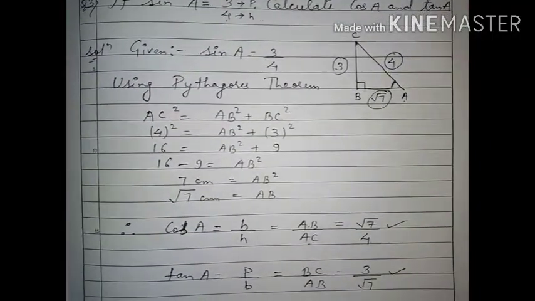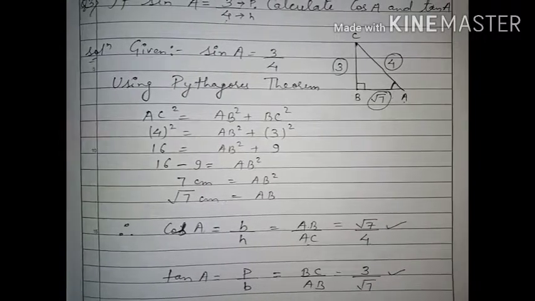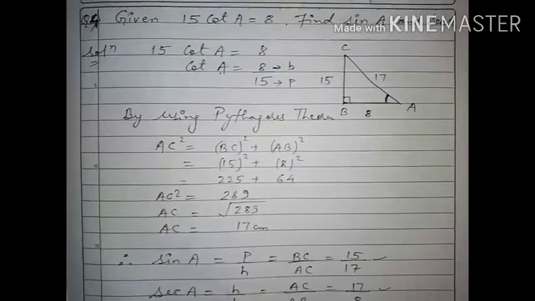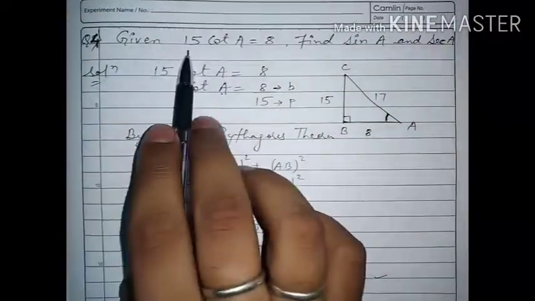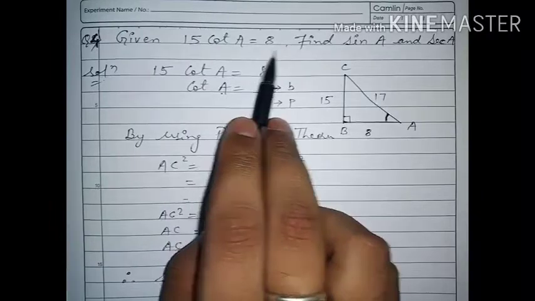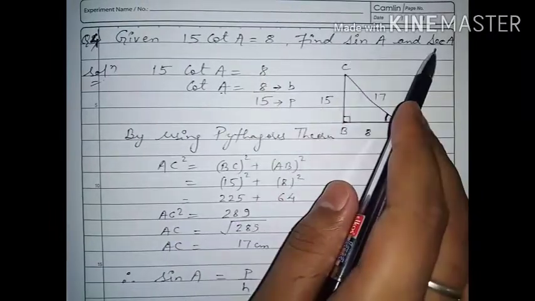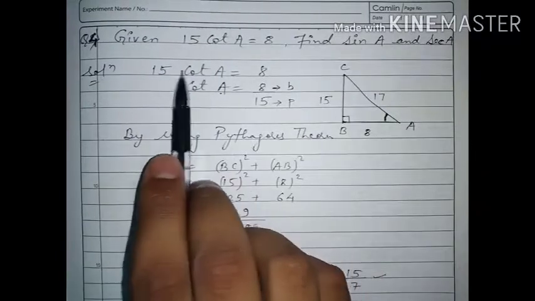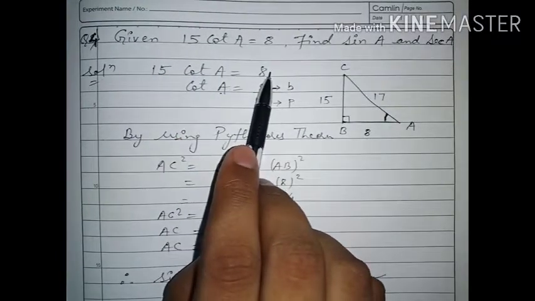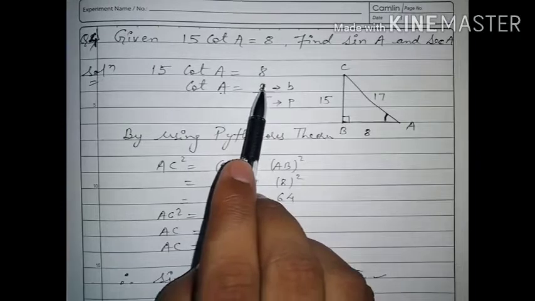Now moving towards the next question, that is question number 4. Question number 4 is saying, given 15 cot A is equal to 8, find sin A and sec A. So it is given in the question that 15 cot A is equal to 8, so I can write cot A is equal to 8 by 15.